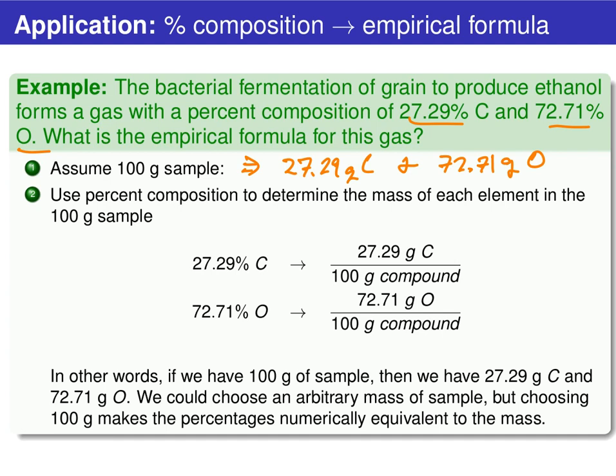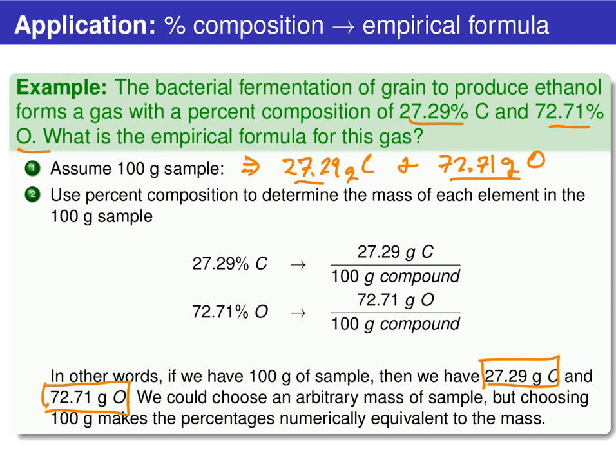The mass of carbon is just the percent of carbon divided by the mass of that compound, and we come up with a nice, simple representation for the relative masses, the actual masses of carbon and oxygen in this 100-gram sample.